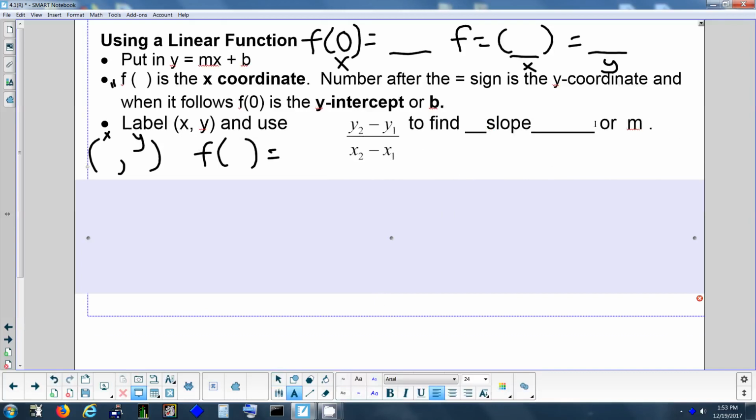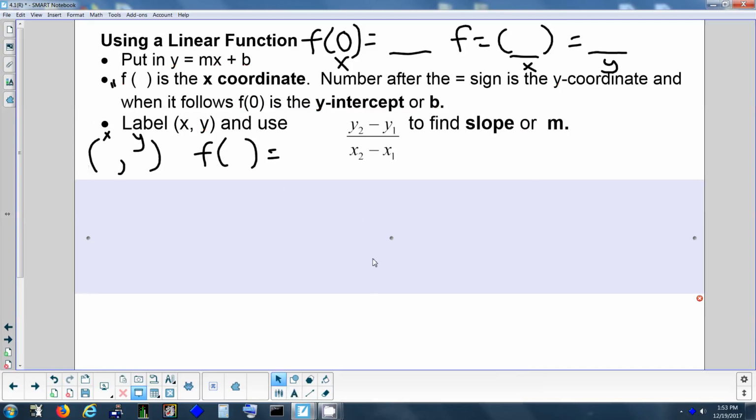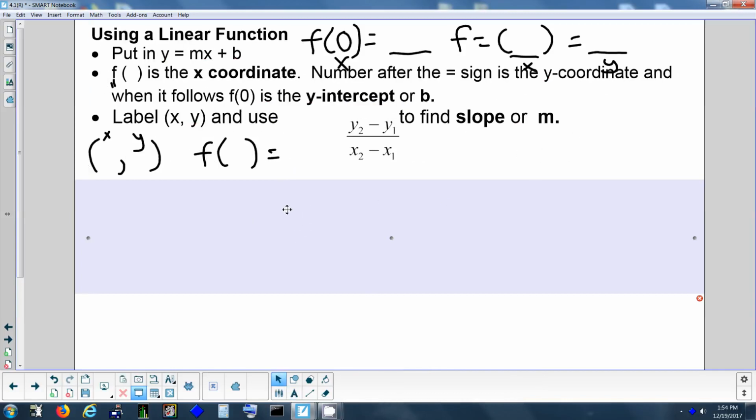Don't blow your minds. This is coordinate notation. When we write it this way, that's function notation. They mean the exact same thing. We're almost doing the same thing we did before, it's just written a different way.